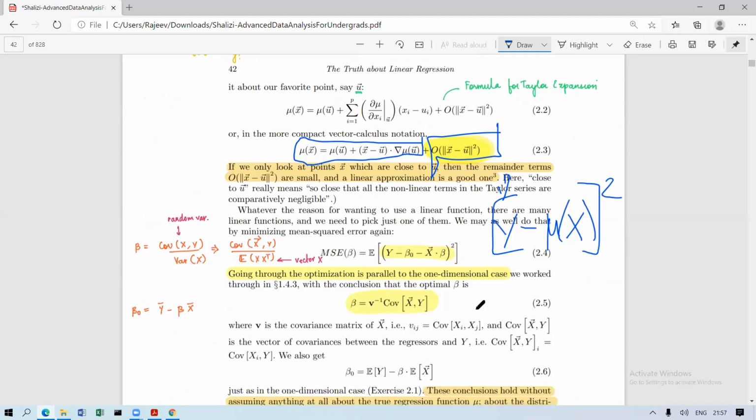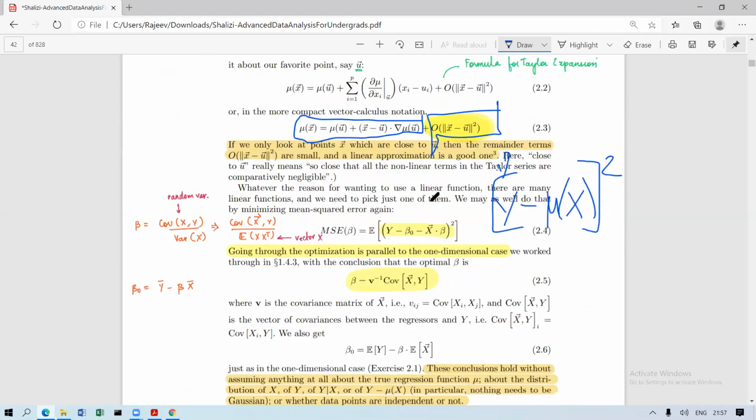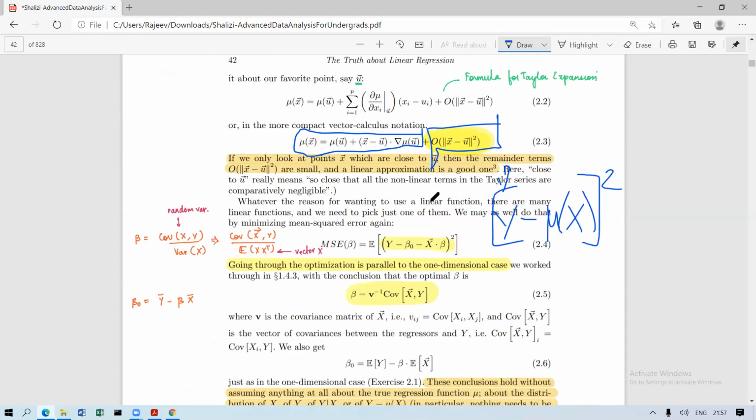And now if you optimize it just like Parth did before, the only difference is what Parth did in the first chapter was for the univariate case, where if you just differentiate LHS and RHS and equate it to 0, then you would get this equation. So this is what your beta comes out to be.